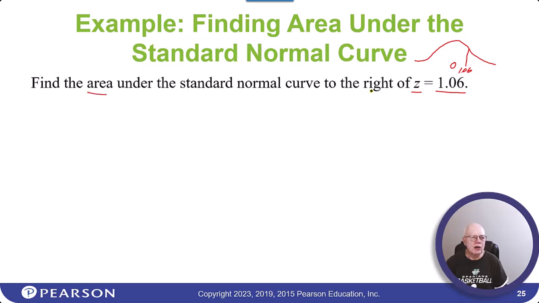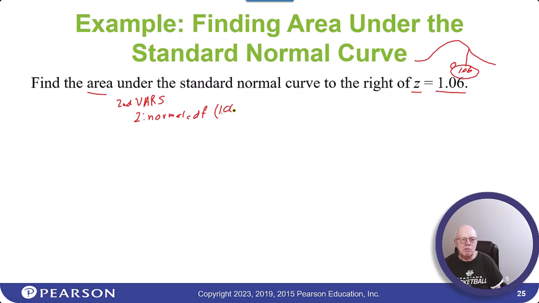So I'm going to go to second bars to get to the distribution menu. I'll hit the number 2. That's all you have to do. And that will give you the normal CDF that you need. And since you want to start it, notice this to the right is Z. So you want it to start at 1.06. So that's the lower bound.